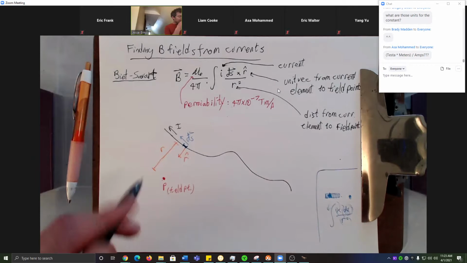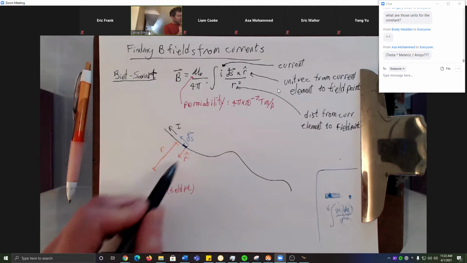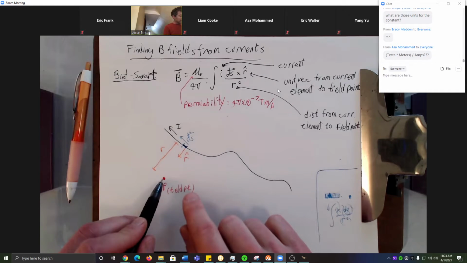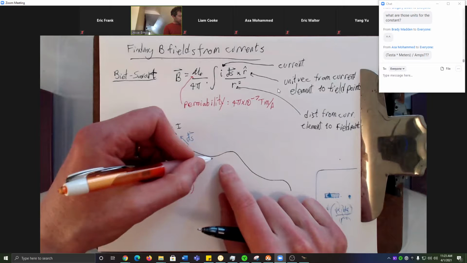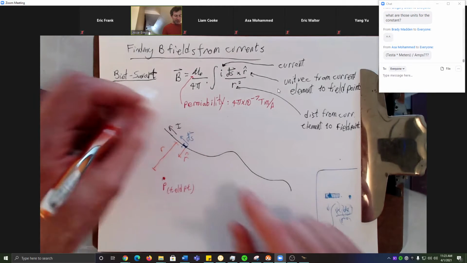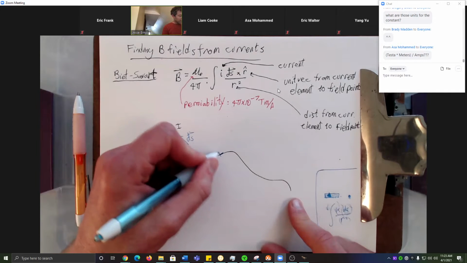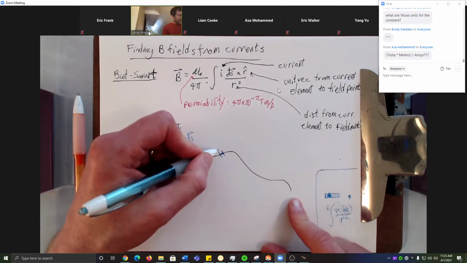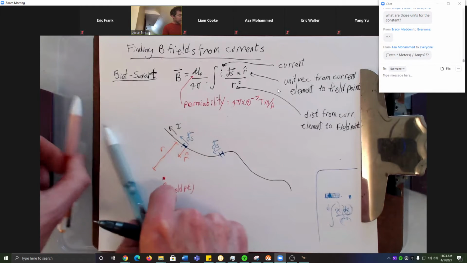Okay, so first thing to notice is that there's a contribution here from this element. There's also a contribution here from this element here. Right, so here's another element of the wire. For this element of the current, ds vector points this way. R hat points from here to there.